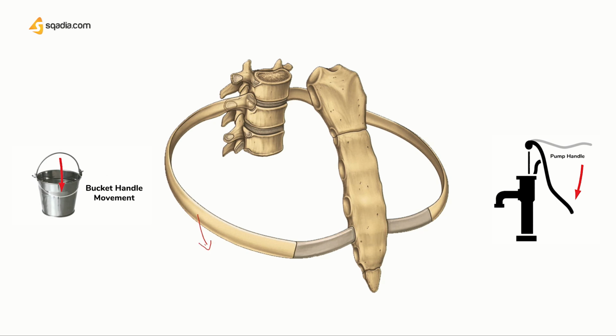The ribs move downwards, and the sternum moves posterior-inferiorly as well. The ribs are now moving down like a bucket handle, and the sternum is moving infra-posteriorly like a lever during expiration.